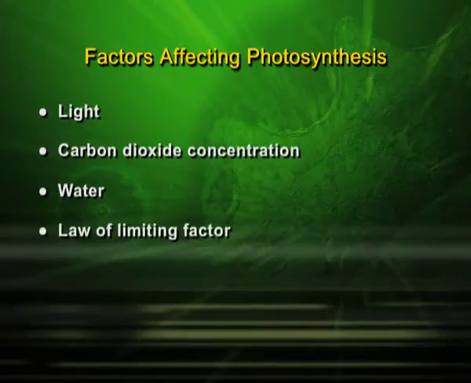Now, when I talk of the law of limiting factor, what do I mean by this? I mean that if photosynthesis is not taking place in a plant, then either one factor is not working well, one factor may be responsible for this, or suppose 2-3 factors are affected at the same time, then the law of limiting factor says that photosynthesis will be affected by that factor which is at the minimal level.